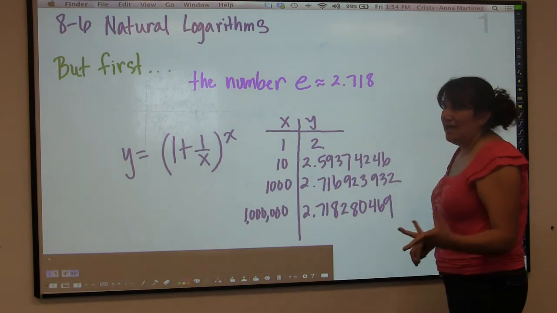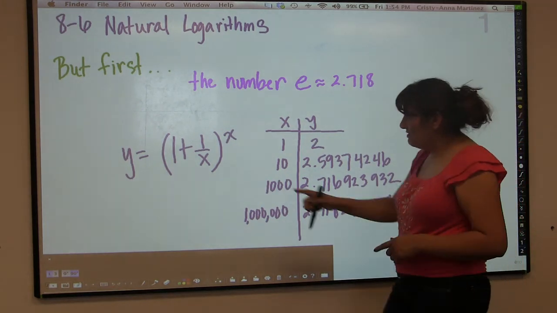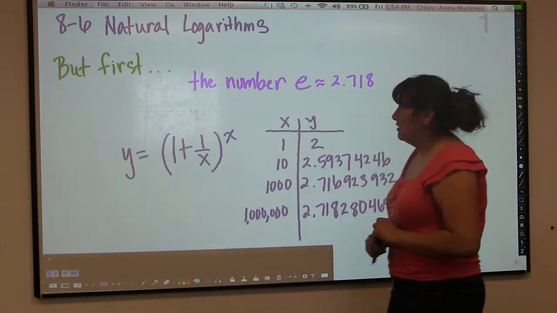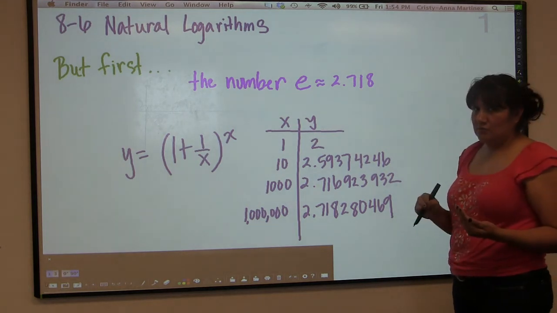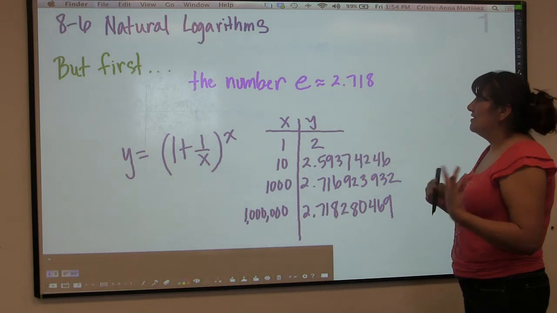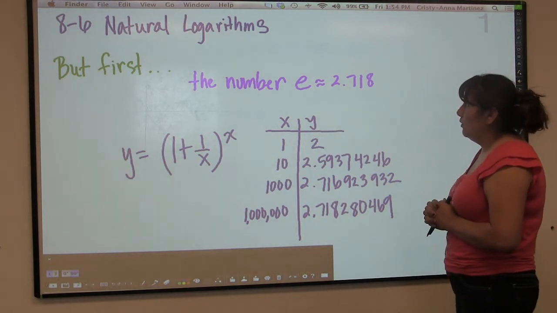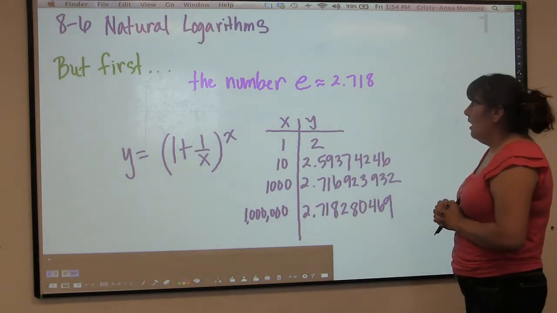It's going to basically be asymptotic. We know that this is kind of exponential, and so we should expect that exponential functions are asymptotic. They approach lines, right? So in this case, this number approaches 2.718.